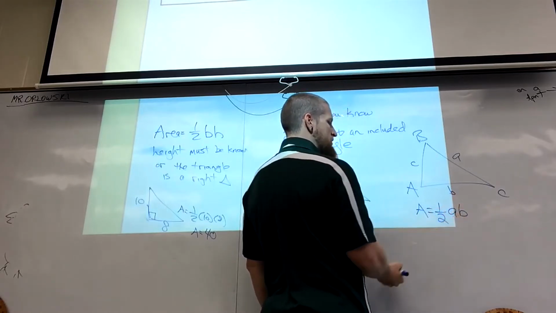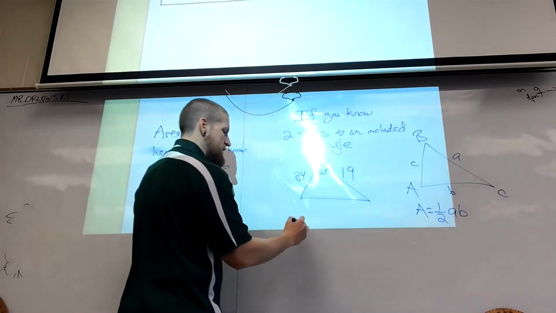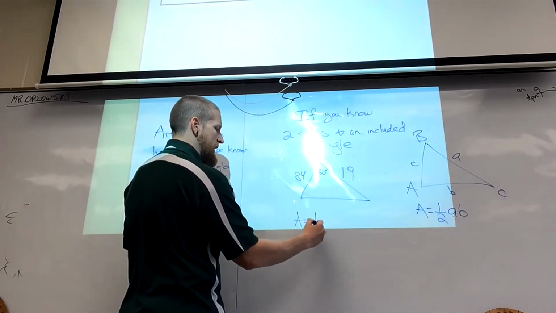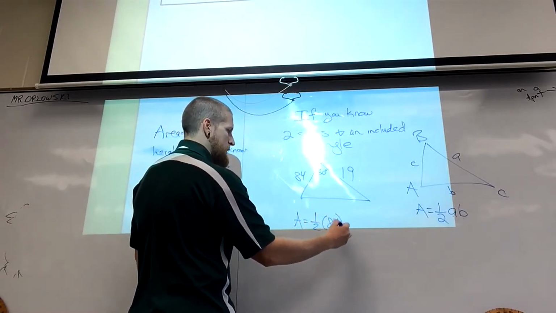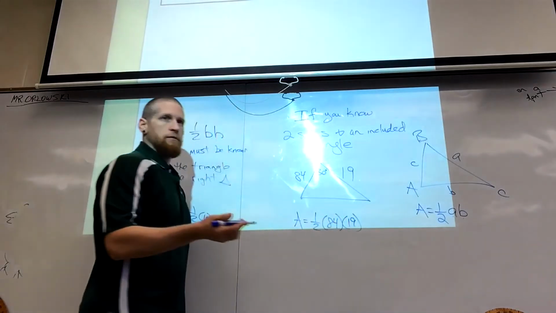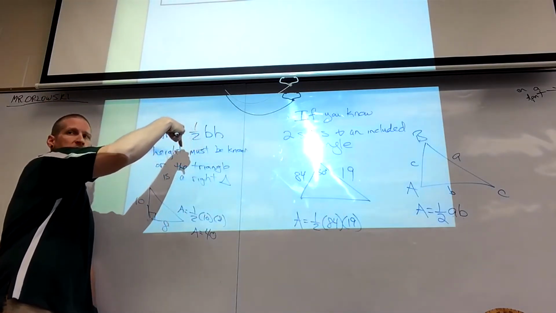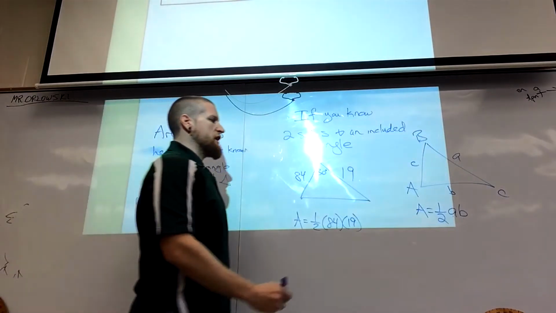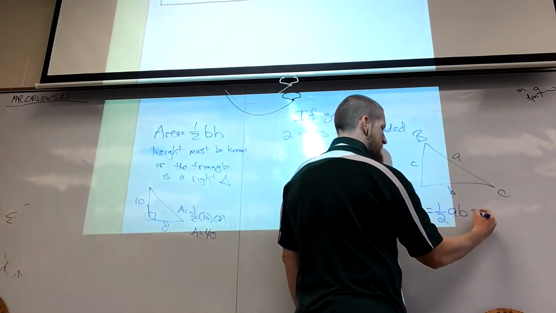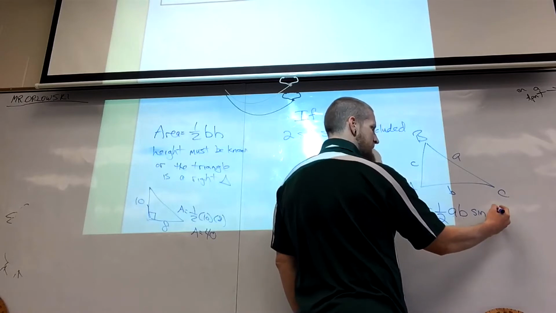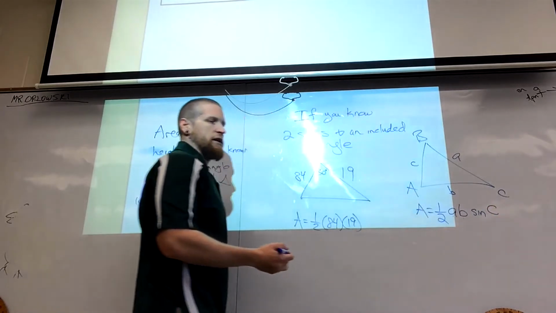These would be the 2 sides you know. So in this case, I can just do 1/2 times 84 times 19. Okay? And I'm not done, because that's not the same. Then you want to multiply that by the sine of the angle that's between them.